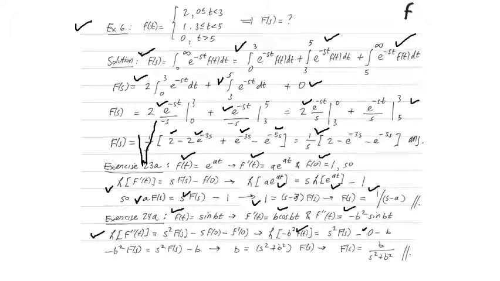Cosine of 0 is 1, so you just end up getting minus b there. So simplifying that using linearity, on the left hand side, minus b squared times Laplace transform of f is s squared times Laplace transform of f minus b. And we just solve that for big F here, and we got the standard formula, which is in my table of Laplace transforms for the Laplace transform of sine of bt.